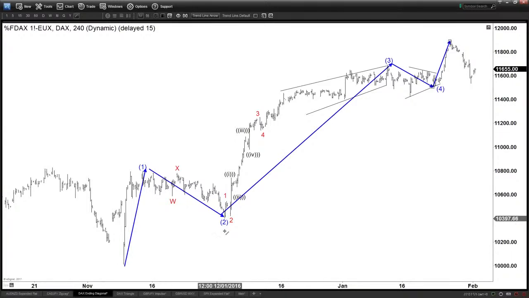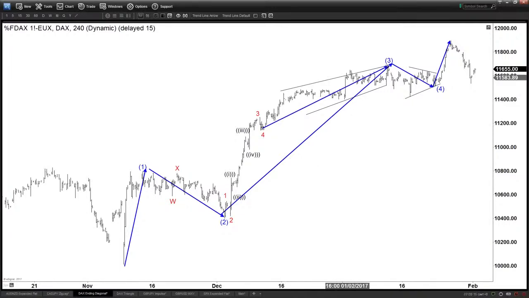This is a 4-hour chart, 1, 2, 3, 4, 5. And you notice here the wave 3 is the longest one. And you notice the subdivision here, 1, 2 in the lower degree, in the minor, in the red color, 1, 2, 3, 4. And then you see what looks to be an ending diagonal here in the wave 5, right?